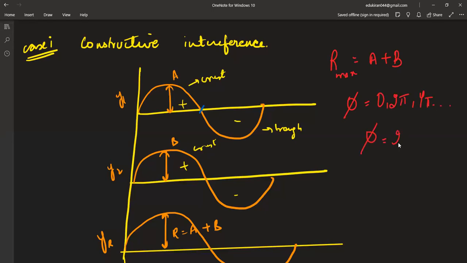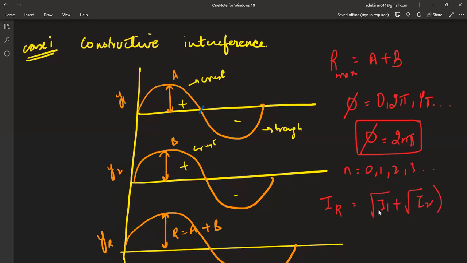So phi is equal to 2n pi, where n is equal to 0, 1, 2, 3, and so on. And the resultant intensity is written as under root I1 plus under root I2 whole square.